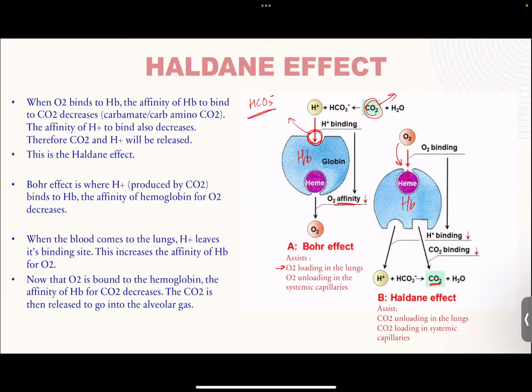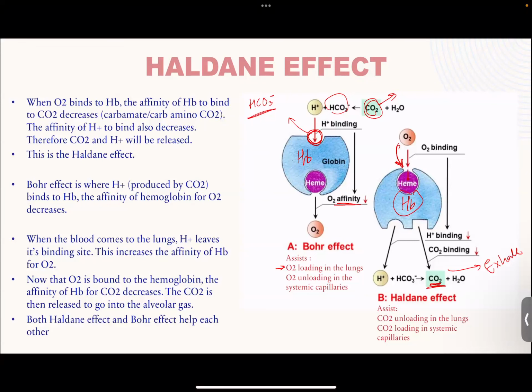Sorry, this H plus leaving was for the bicarbonate. What about the carbamate? How are we going to get rid of the carbamate form of CO2? We inhale, the oxygen comes and binds to this hemoglobin. Now the affinity of hemoglobin for CO2 decreases, so it lets go of the CO2, and then we exhale.